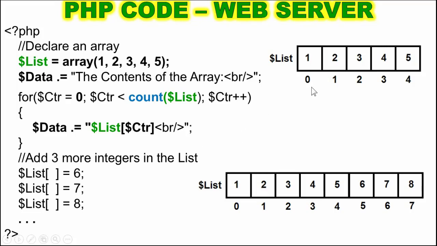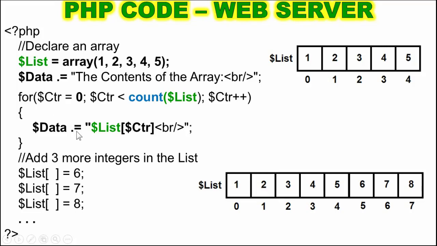The built-in function count returns the size of the array. Thus, the for loop will repeat 5 times. The variable $data gathers the information by concatenating strings to be sent by the web server to the client computer using JSON package format.